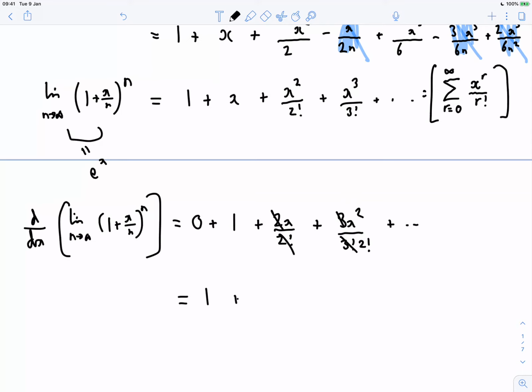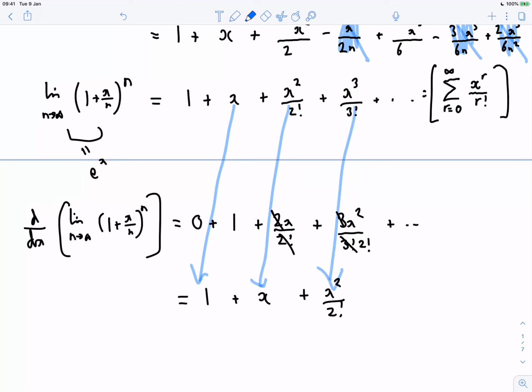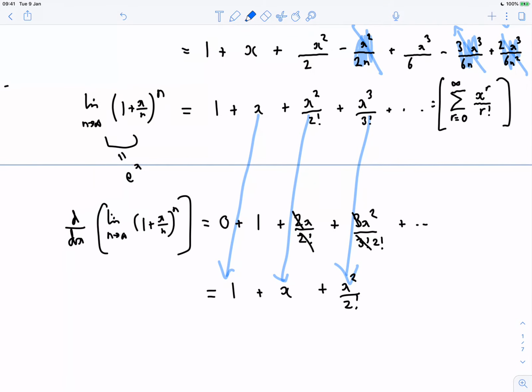This becomes 1 plus x plus x squared over 2 factorial. What happens? The process of differentiation means that each term shuffles down 1. And because I've got an infinite amount of terms, it means I've got an infinite amount of places to shuffle down. I'm never going to run out of terms to shuffle down.